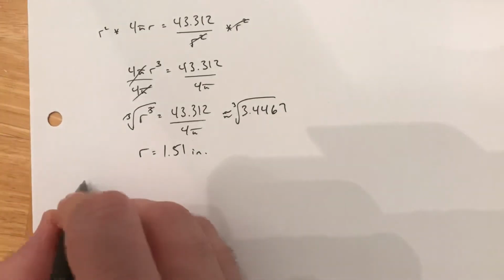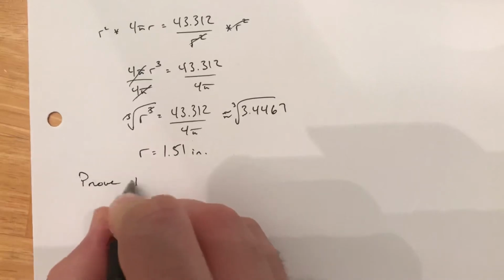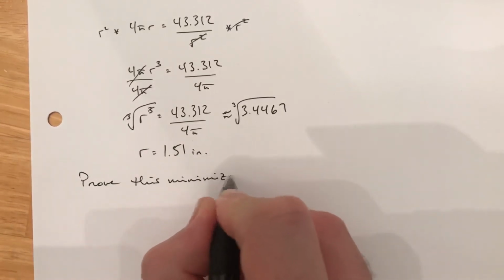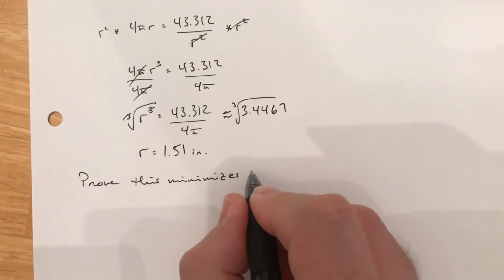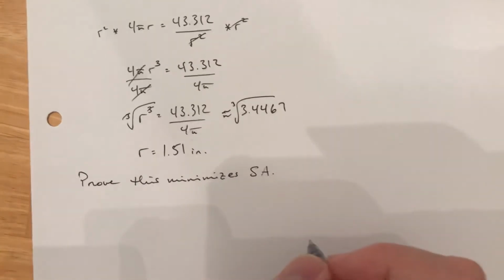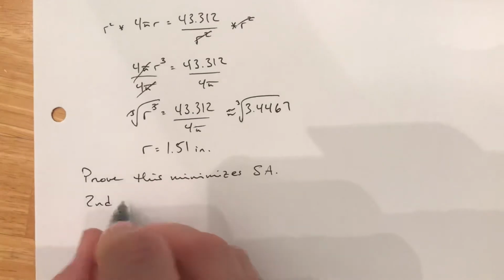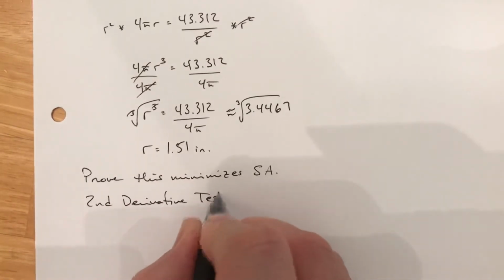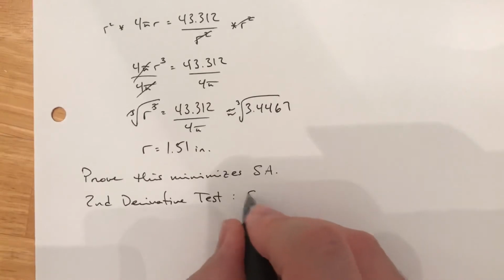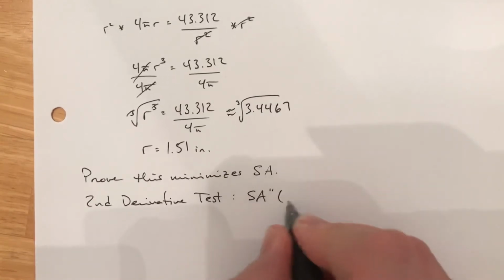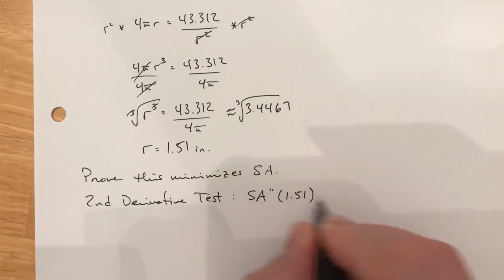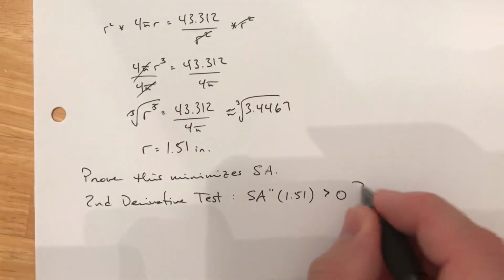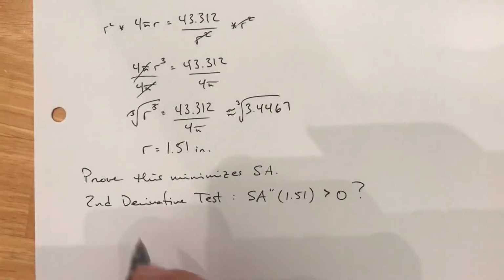Now, we need to prove this minimizes our surface area. The second derivative test says that we're going to find SA double prime of 1.51, and if we have a minimum, we would like that to be positive.